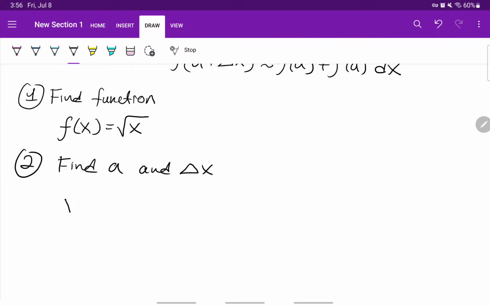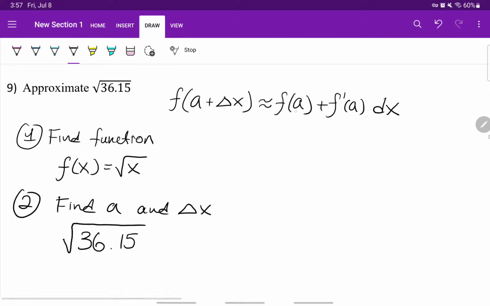This is the square root of 36.15. Well, if we look here, we know the square root of 36 is going to be 6. And the reason why I want to look at it like that is because I want to find f of a.